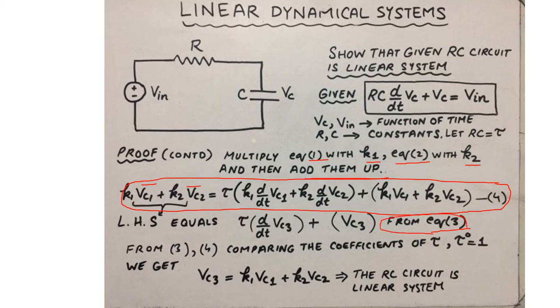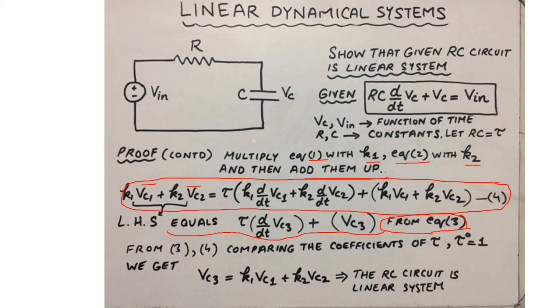So this addition of equation 1 and equation 2 after scaling with corresponding numbers has been done so that the left-hand side becomes equal to equation number 3, and that's where we find the output VC3.